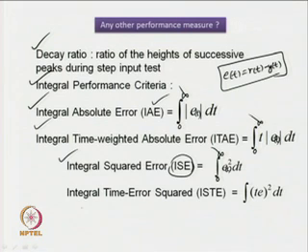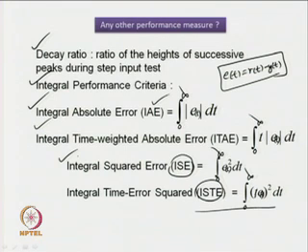Similarly, integral time error squared criterion can be expressed as integration from 0 to infinity of t times e square t dt. So, all these performance indices give us a quantitative measure of the performance of a closed loop system.